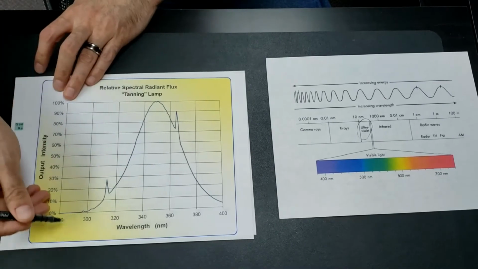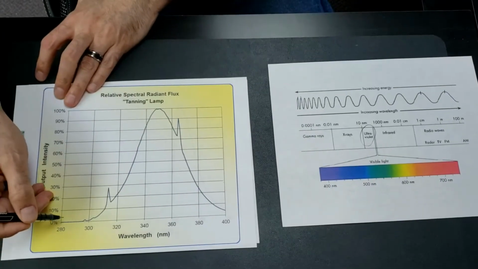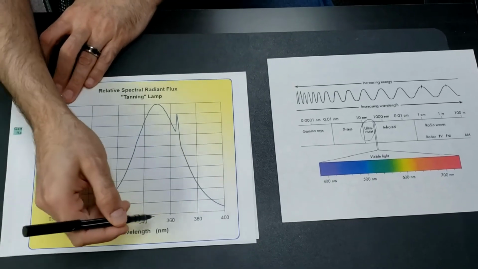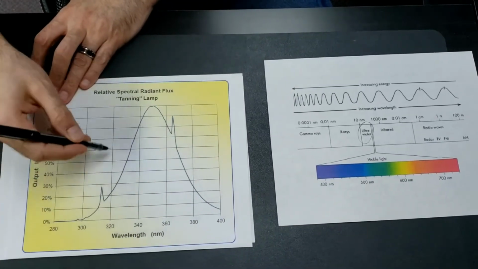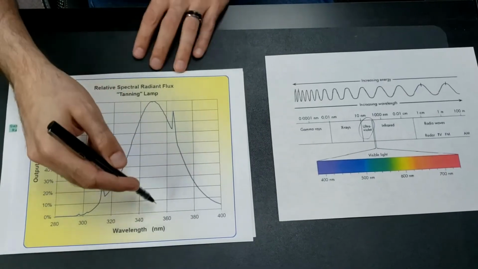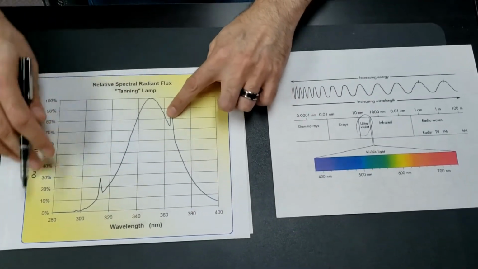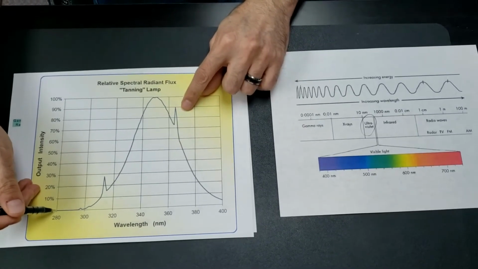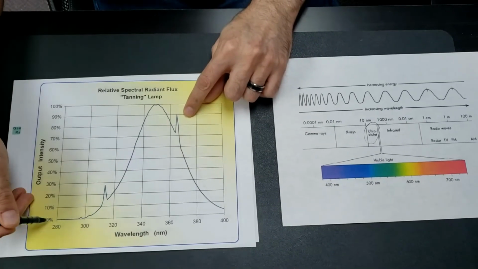So this is just a relative scale showing you the output of the different wavelengths of light. This is how much intensity is coming out of the lamp. So you see it varies. Down in the UVB section, it's almost nothing.